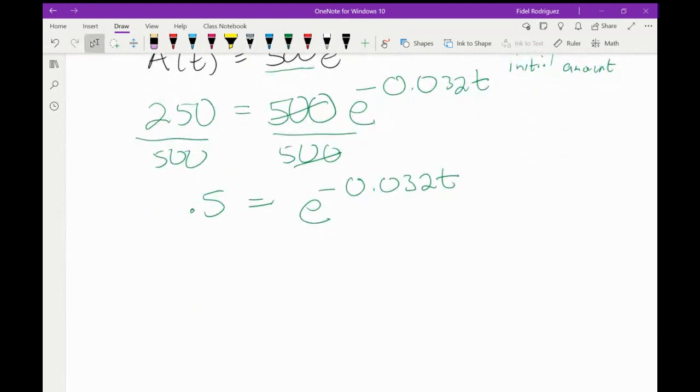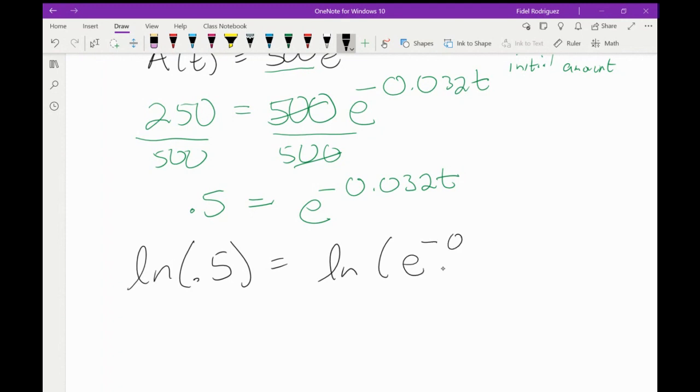All right, since I'm dealing with the base of e, the way I'm going to solve this is to take the natural logarithm on both sides. I'm going to take the ln on both sides. So this is going to leave me with an ln of 0.5.